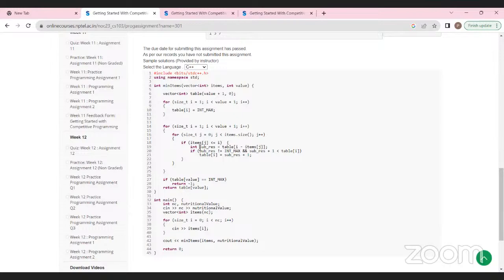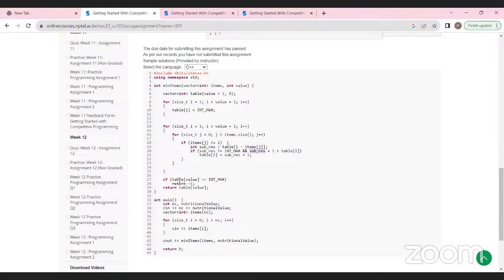The next line just checks the value of that minus the current value, and then it adds 1 if it satisfies the condition where the result is not equal to INT_MAX, and the result itself for that particular nutritional value is less than the count that you currently have on that table value.